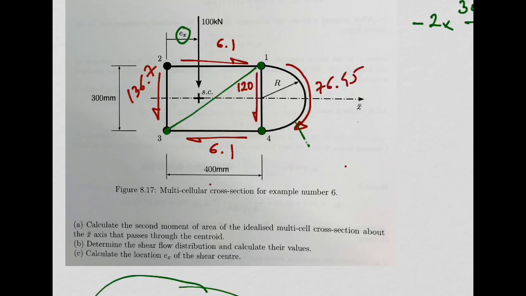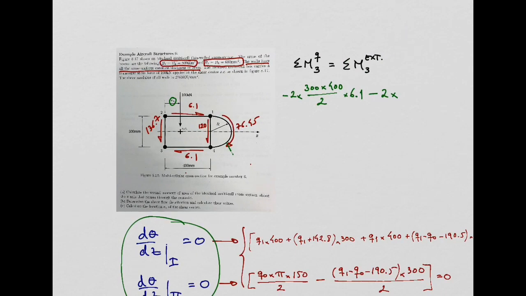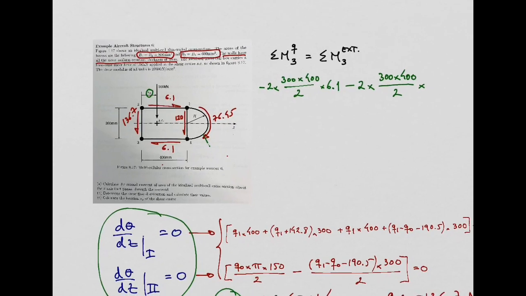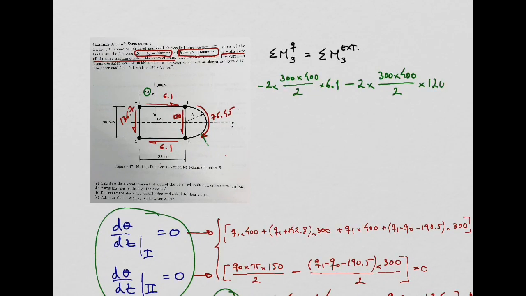So the area that we need to use is the area of this triangle, which is, again, 300 times 400 over 2, and the shear flow in that wall is 120. Quite easy, isn't it?